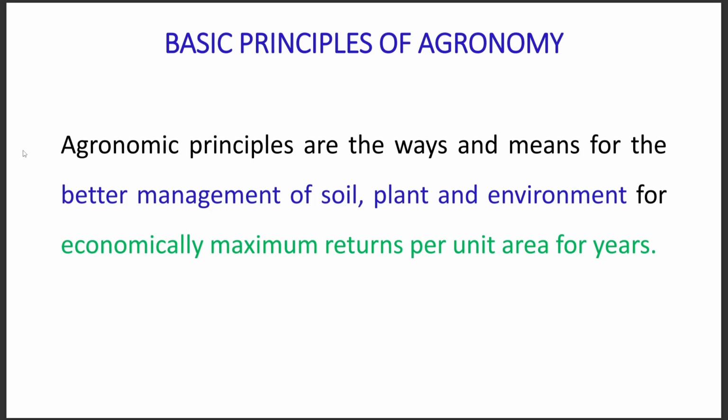Mainly, in 1 hectare of land, we are getting 1 lakh rupees. If we can give good management of soil, plant and environment, then maybe we can get around 1.2 lakh per year. That could be very helpful for us, so we need to know that.